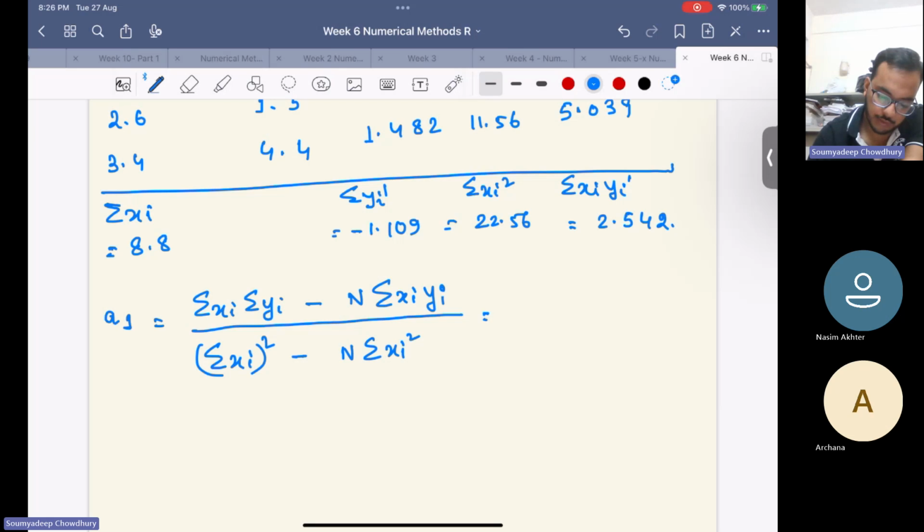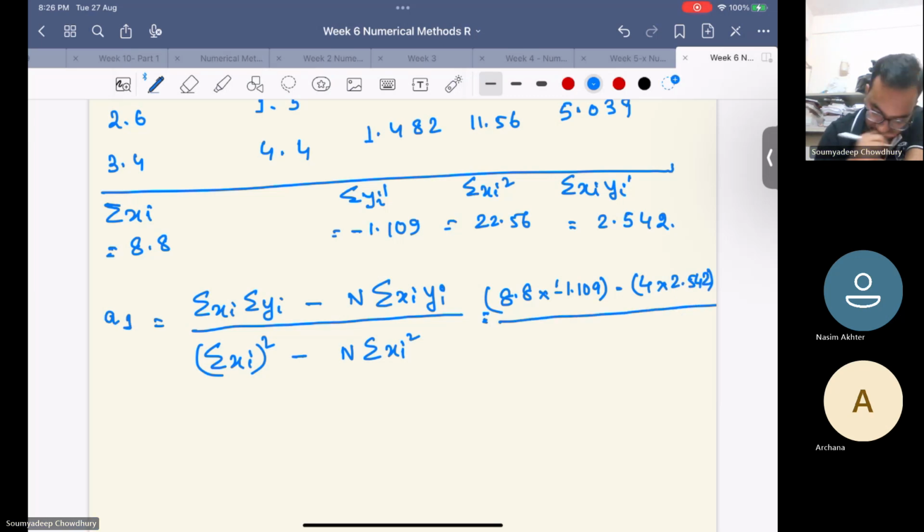So if you substitute this, 8.8 into summation yi dash minus 1.109, n is basically 4, right? Divided by 4 into 22.56 minus 8.8 whole square. If I substitute this and calculate, I'll get A1 to be around 1.557.